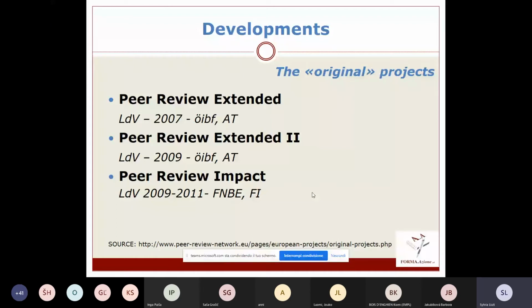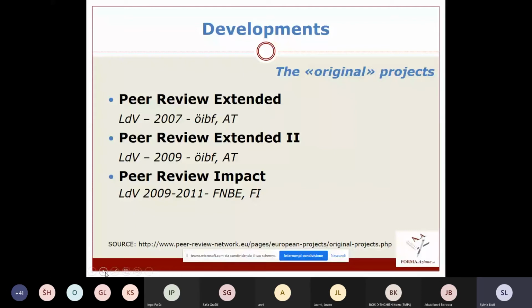And then Peer Review Impact, for the first time, was focused on how to measure the impact of these quality assurance activities after their implementation. So it was more focused on equipping VET providers, the actors involved, in how to assess the results of these quality assurance activities.